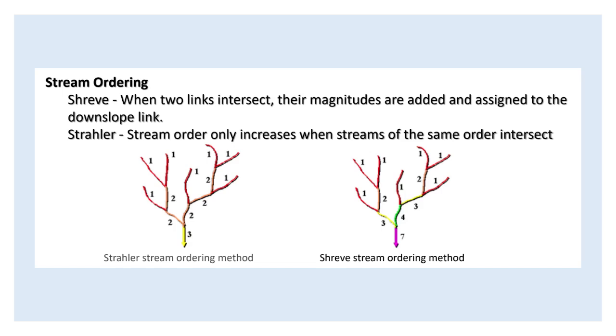For example, 1 and 1 together at the point of intersection give you 2, because 1 plus 1 is 2. Then 1 and 2 intersect to give you 3. Similarly, 3 plus 4 gives you 7. That is how the Shreve method designates the stream order for the flow network.